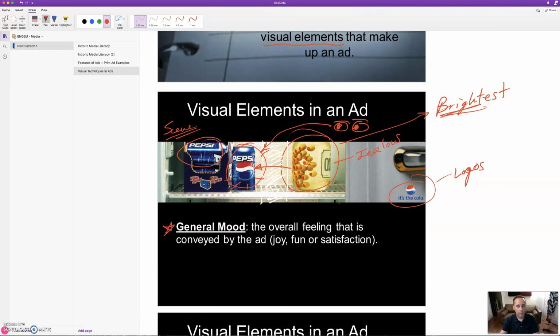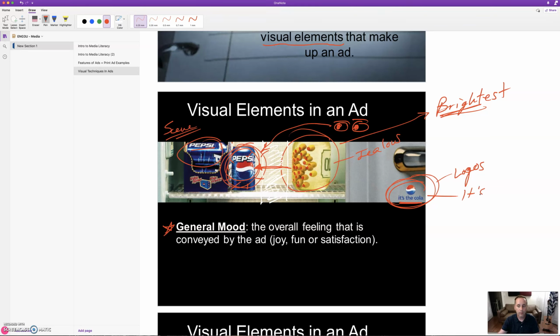So, this is a fun ad, and it guides our eye around the ad. Because our eyes follow the olives. We go here, and we go, oh, Pepsi. And then we see Pepsi. And then there's balance over here, because we have the logo again, and it's the cola. So pay attention to the text. Text is important.